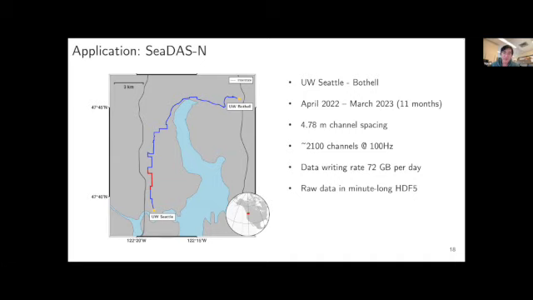So the channel spacing is about 4 to 5 meters, sampling at 100 hertz. This gives 72 gigabytes of data per day, and the raw data is saved as minute-long H5 files.